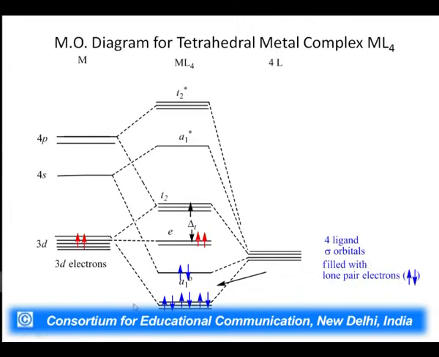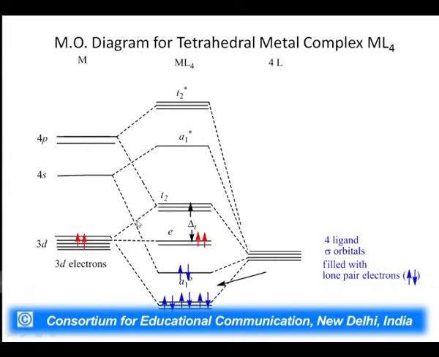You can very well see from here we have 3 combining with 3, and 1 of the 4 combining with the s, and then the p, px, py, pz, that remains non-bonded. It comes into bonding and antibonding situation, but that is an orbital which is now of a higher energy.